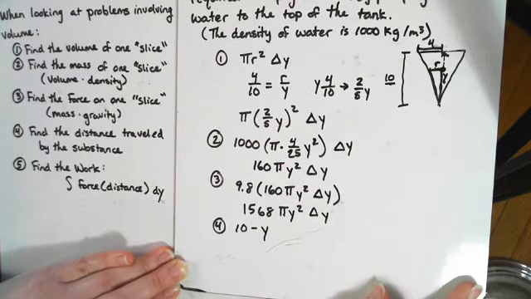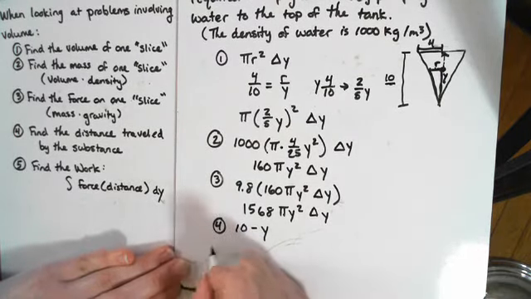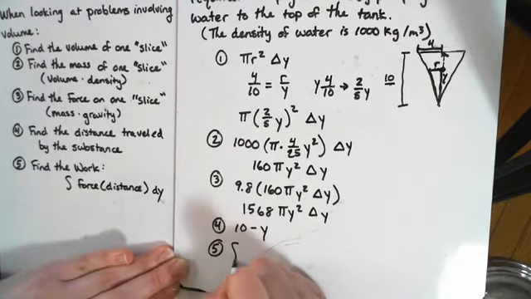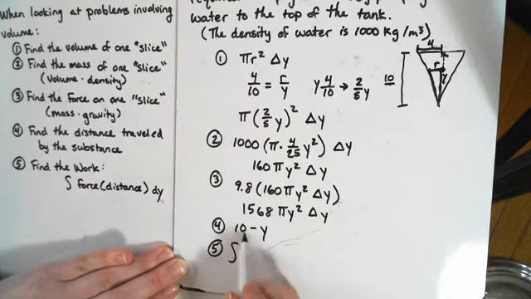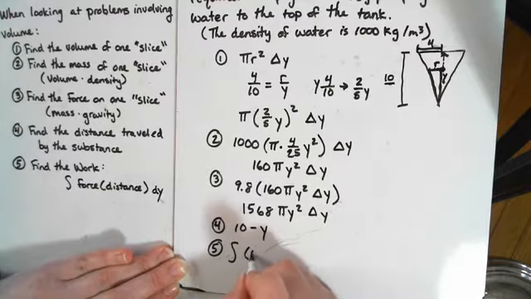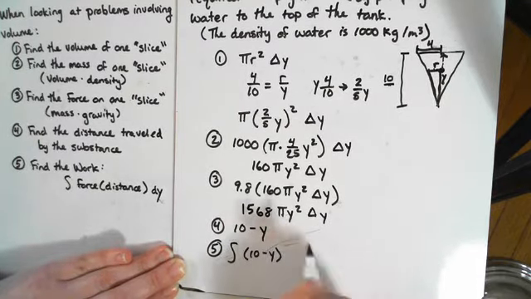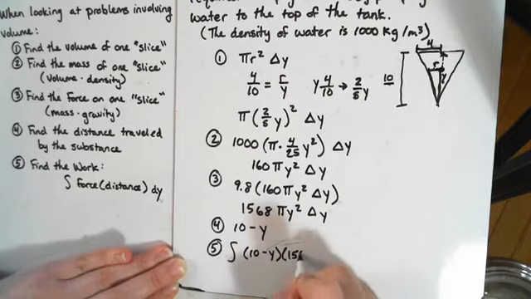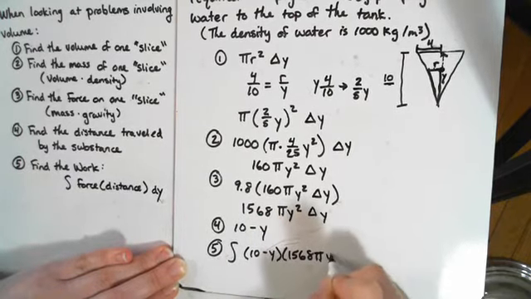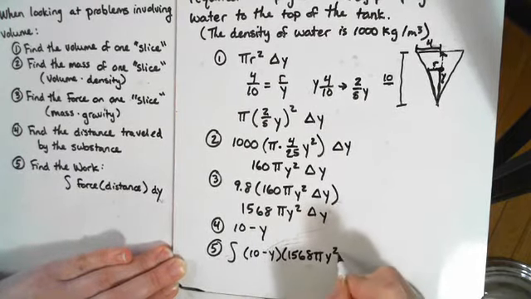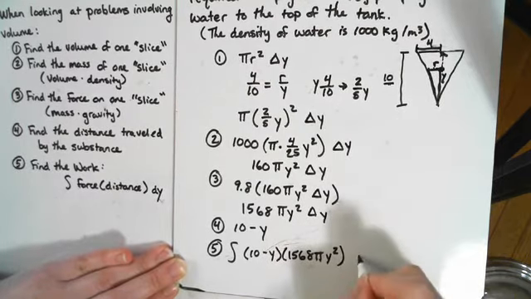Now the last thing I need to do is put this in my integral. Step 5, I have the integral of 10 minus y, my distance, times my force here, and the delta y turns into a dy.